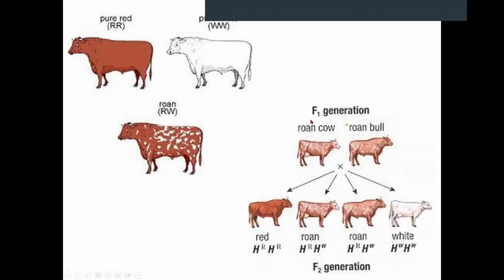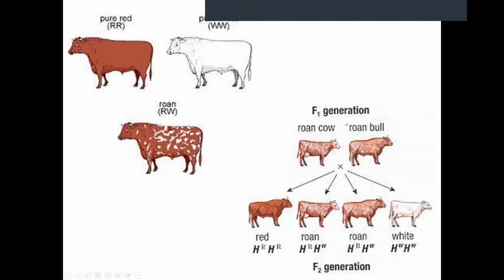Now the F1 generation, F stands for filial generation, as in, I don't know what the word in Latin is. In French, it's fils, as in son. So F1 generation, roan cow and a roan bull. Get these ones, roan will produce 1 red, 2 roan, and 1 white in the second generation.